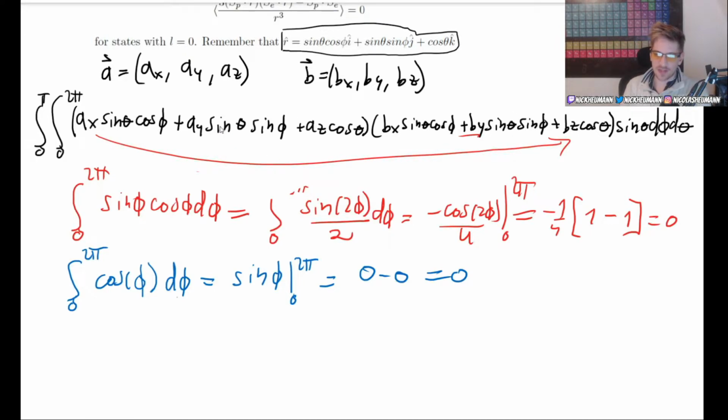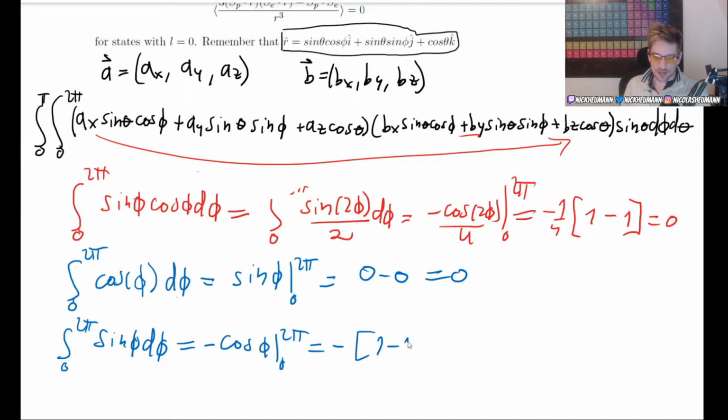In that case, we have sine theta squared times cosine theta, and then we have the integral from 0 to 2 pi of sine phi d phi, which again, you might already know is 0. If not, don't worry, you can integrate it and see immediately that this integral is also 0, right? It's going to be minus 1 minus 1, which is 0. So the ay bz part is also 0.